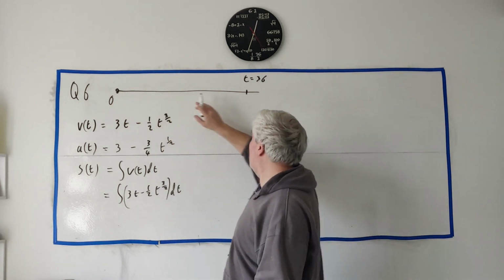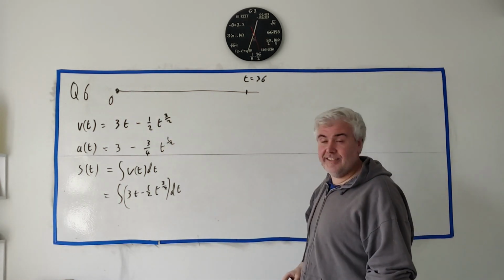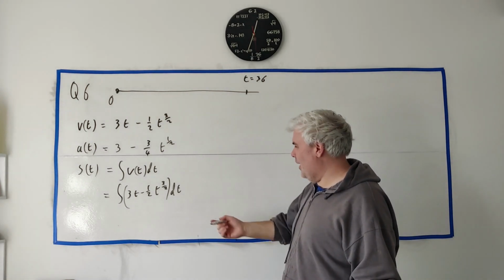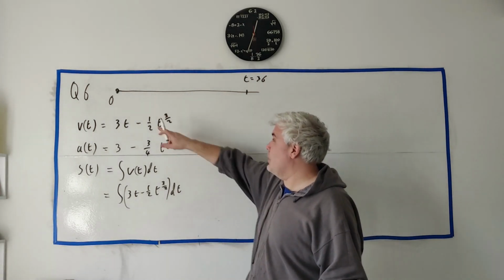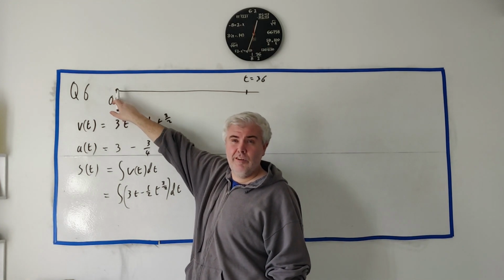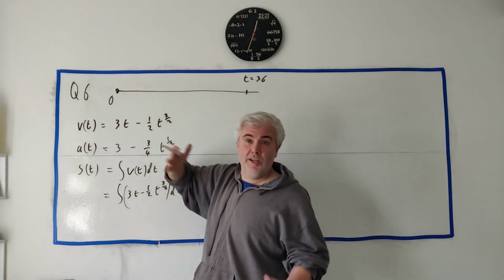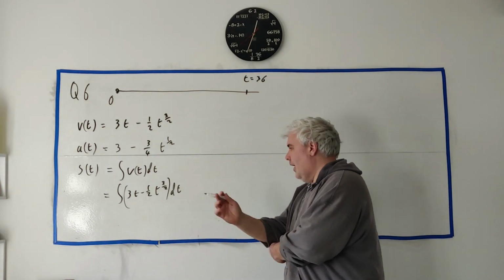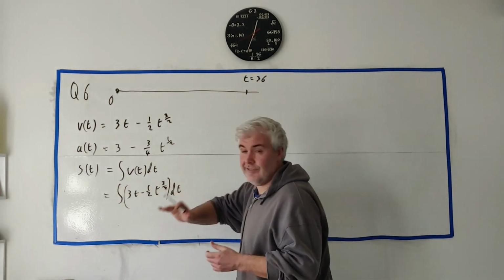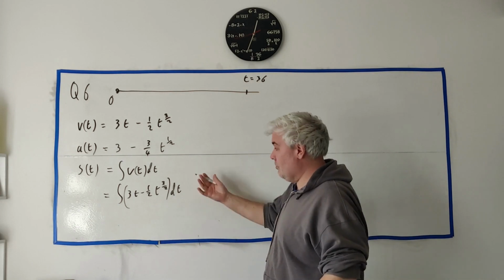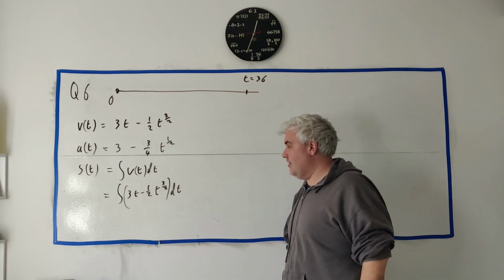Time 0 and time 36. That'll get this distance. We don't need to do that. We can just get a constant, and because we know where we were at time 0, we know the constant is 0. Like the distance from the 0 point, we decide is 0. So you could put 0, 36, but you don't have to. You just need to know that the constant is then 0.